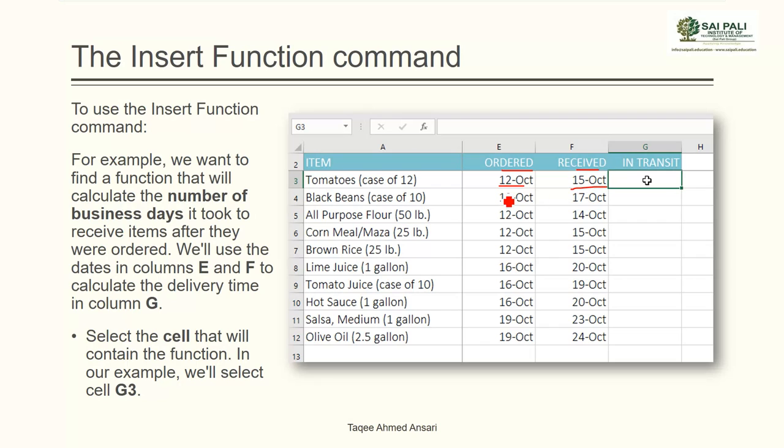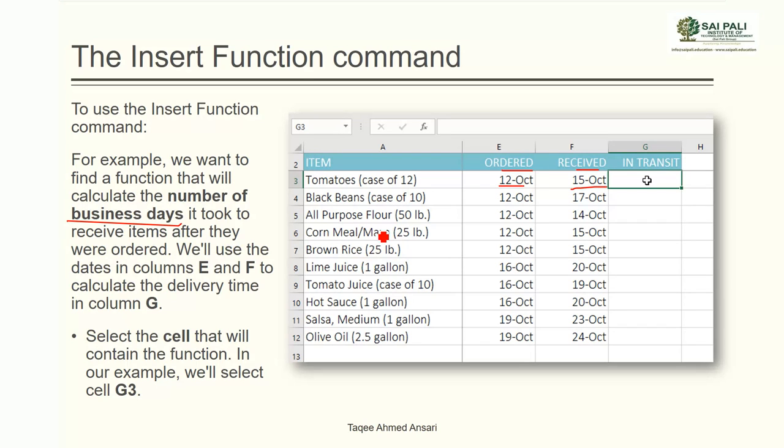But now I want to know if there are any weekends around. That means, is there any Sunday or Saturday in between these dates? I just want to calculate how many business days there are, not all days. Now, do I have any function for this kind of calculation?